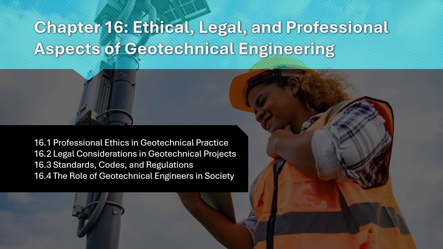ASTM provides a wide range of standards covering soil testing, geotechnical analysis, and construction practices. ASTM D1586, Standard Test Method for Penetration Test and Split Barrel Sampling of Soils, and ASTM D2487, Standard Practice for Classification of Soils for Engineering Purposes, are widely used in geotechnical investigations.